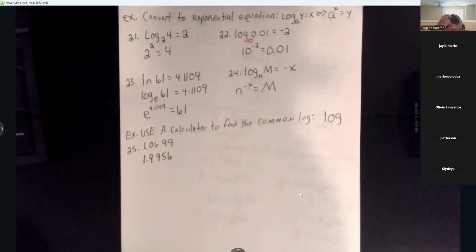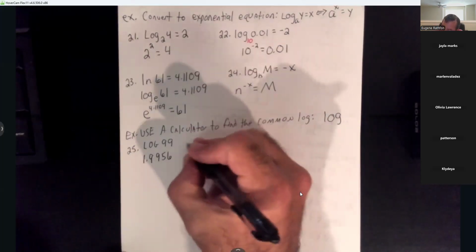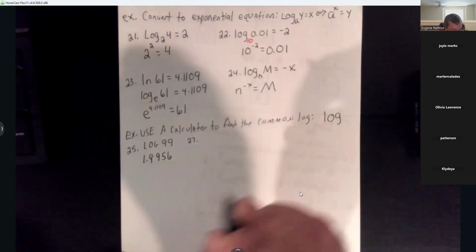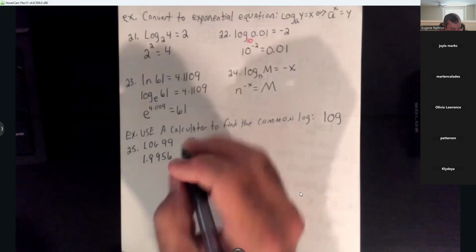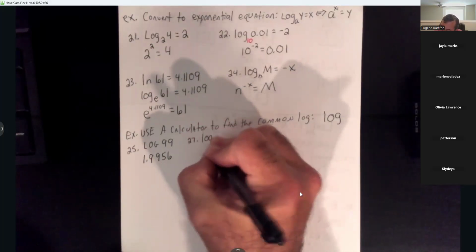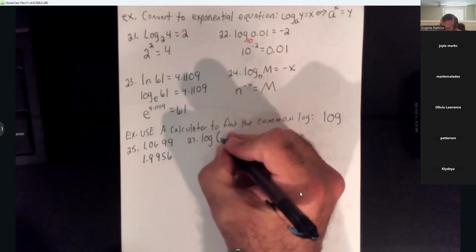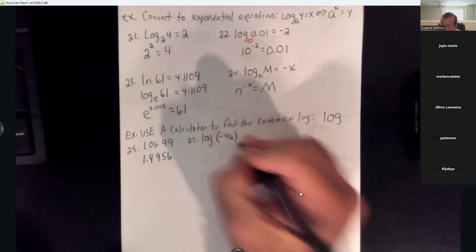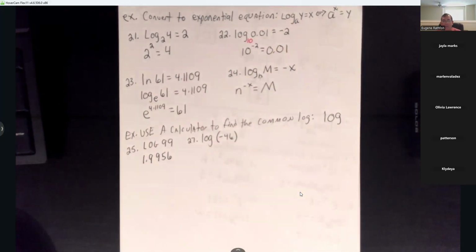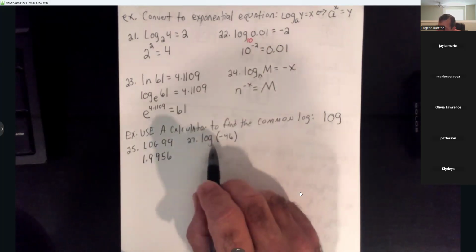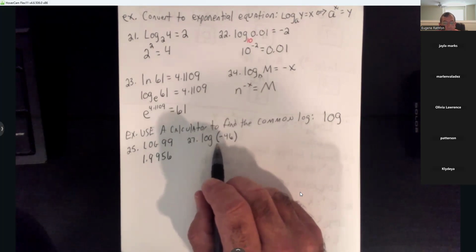So that's what they're doing in that section. But y'all, let me do one like 27. Log of a negative 46. So y'all push that in and tell me what we get. So y'all, it's an error on that. Because remember, this is a log base 10 here, right?